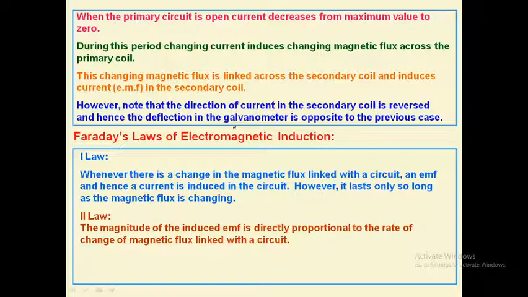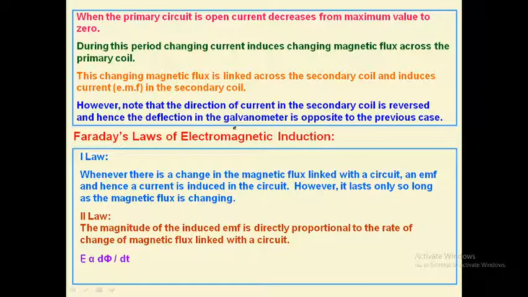See, now we are going from qualitative study to quantitative, because we wish to have a formula. How much induced current is produced is directly proportional to the rate of change of flux. So if the flux is changing at a faster rate, then you will notice more induced current.